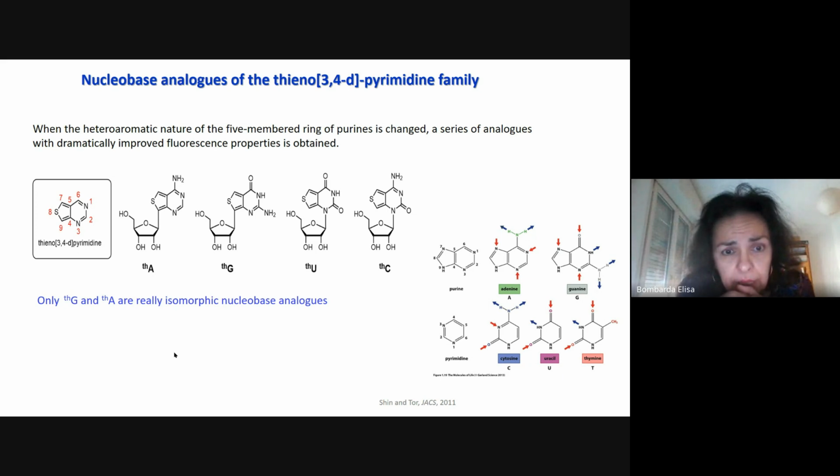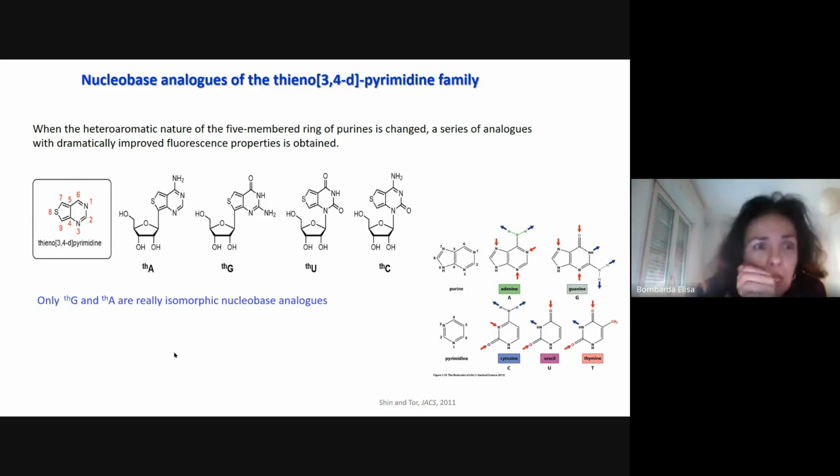And so in the last decade the thienopyrimidine family was developed. So here is practically the presence of the heteroaromatic ring, as you see.